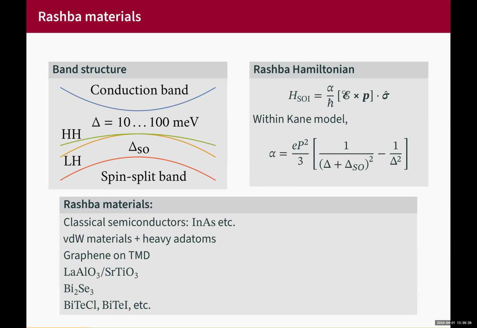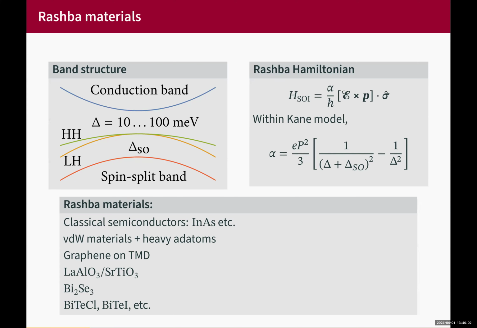So this is the Rashba spin-orbit interaction, which looks pretty much like the spin-orbit interaction in vacuum, except for the magnitude of this interaction alpha, which is larger than in vacuum by several orders of magnitude. Typically, we think about 5 or 6 orders of magnitude larger than in vacuum.